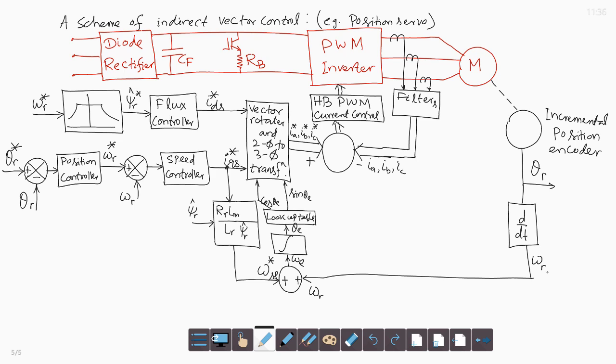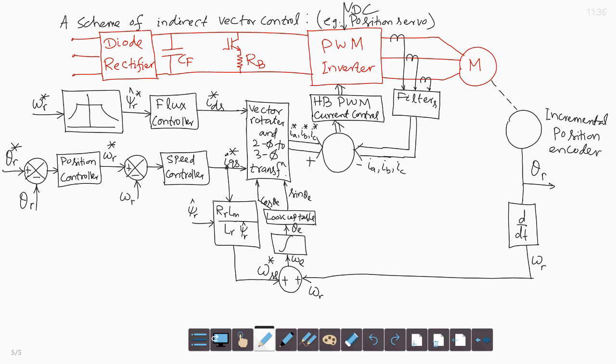So, for this PWM inverter, let us show a DC supply, VDC.